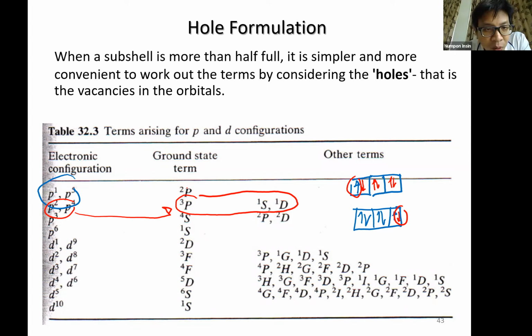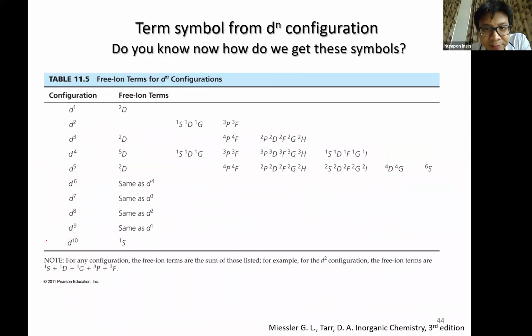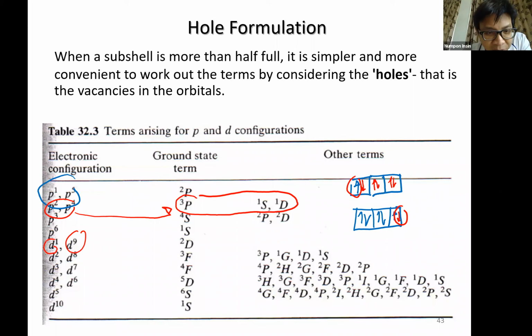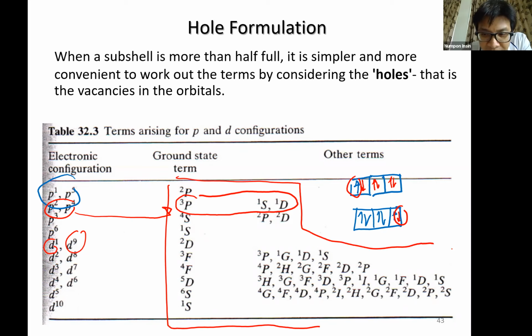Okay, so this is what we call the hole formulation. When you have a large number like D9, don't work from the 9 electrons. Please calculate by using D1. That way you deal with fewer electrons when you sum it up, and it's going to take a shorter time. You know that they are complements of each other. If you can remember this, it is going to be in the exam, this is going to be the answer for sure. I cannot ask something more than this.